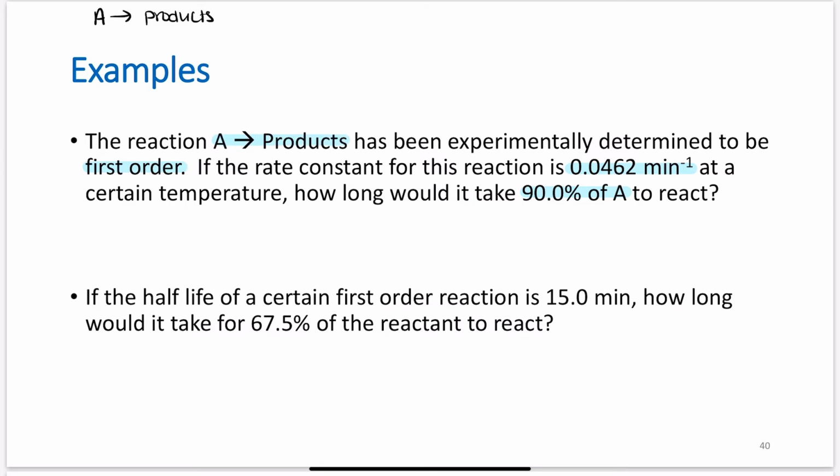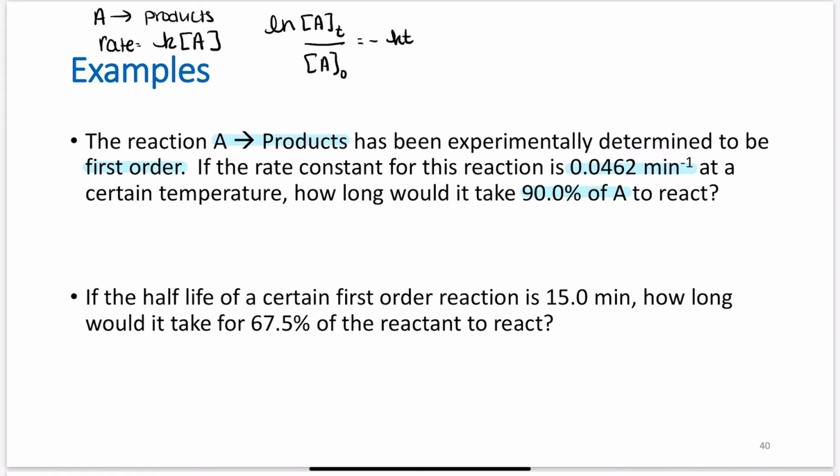If I wrote the rate law here, I would write rate is equal to k times A. Again, there's a little invisible 1 up there, but we don't usually write that. It tells me it's first order, so I know the equation I need to use is the natural log of the concentration of A at time t divided by the concentration of A initial is equal to negative kt.